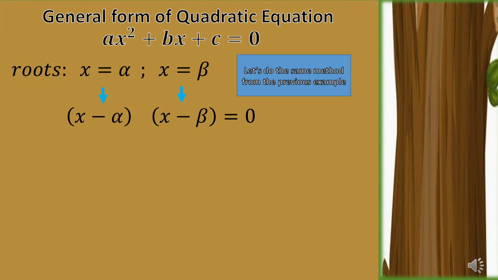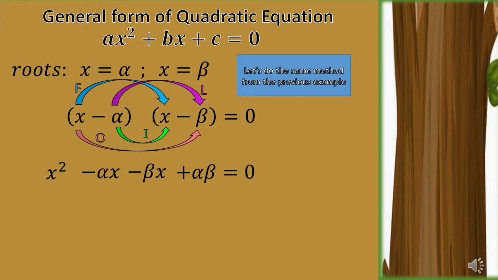Now, this gives x squared minus alpha x minus beta x plus alpha beta. How did we get that? By using the FOIL method. For the next step, we have to identify the similar terms, and that is negative alpha x minus beta x.